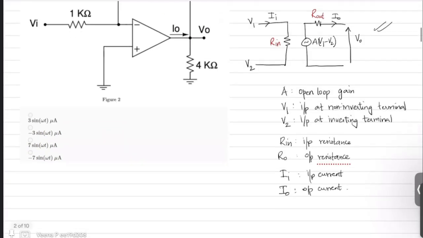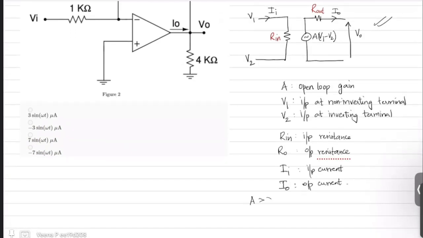So generally, A is very high and V1 and V2 are approximately the same, which is called the virtual ground, or they act as virtually shorted points.